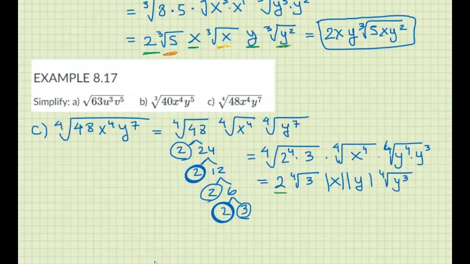So these go on the outside. These go on the inside together. So we have 2 absolute value of xy, fourth root of 3y to the 3. There we go.